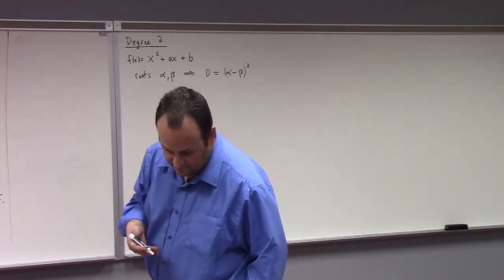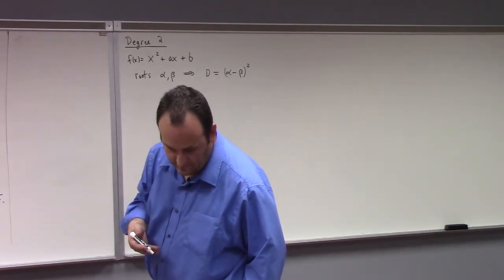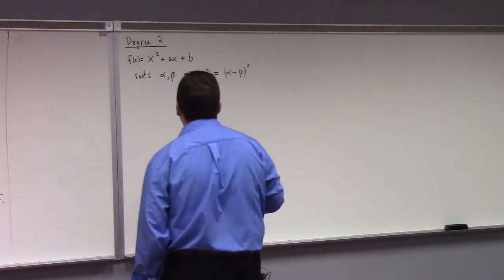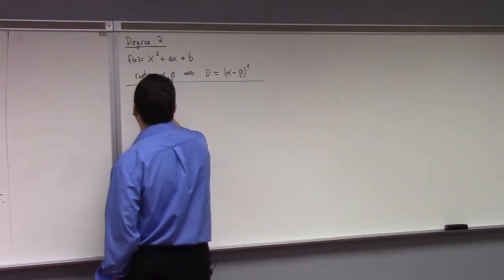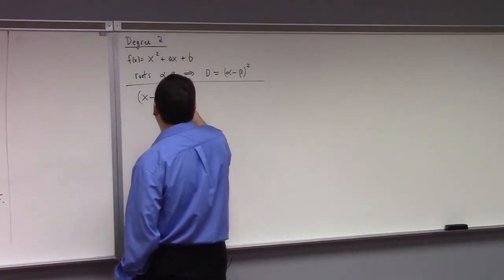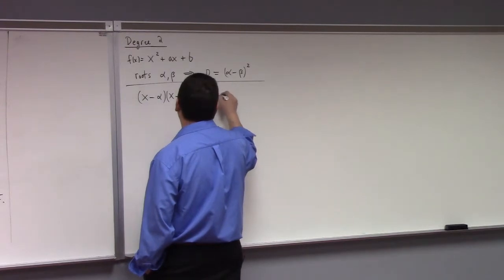So how do you do that? Let's just calculate it. This is x minus alpha times x minus beta, right? That's x squared plus ax plus b.